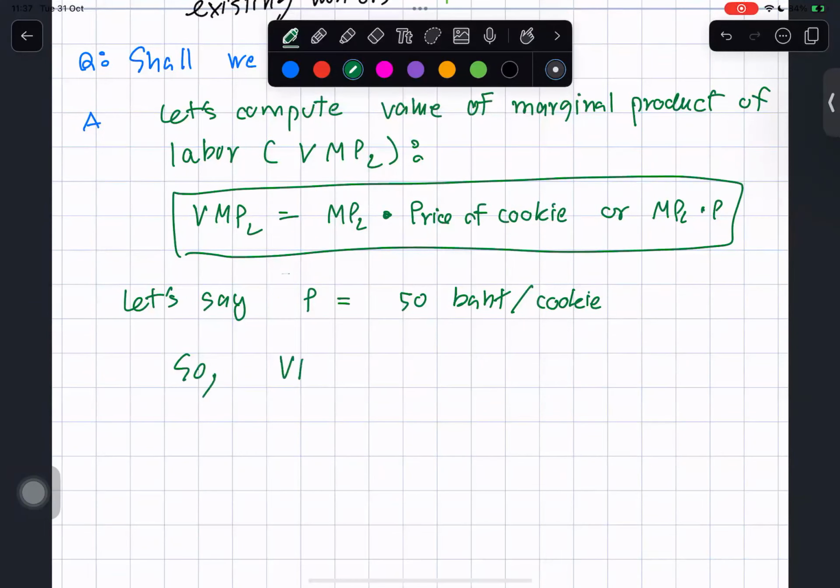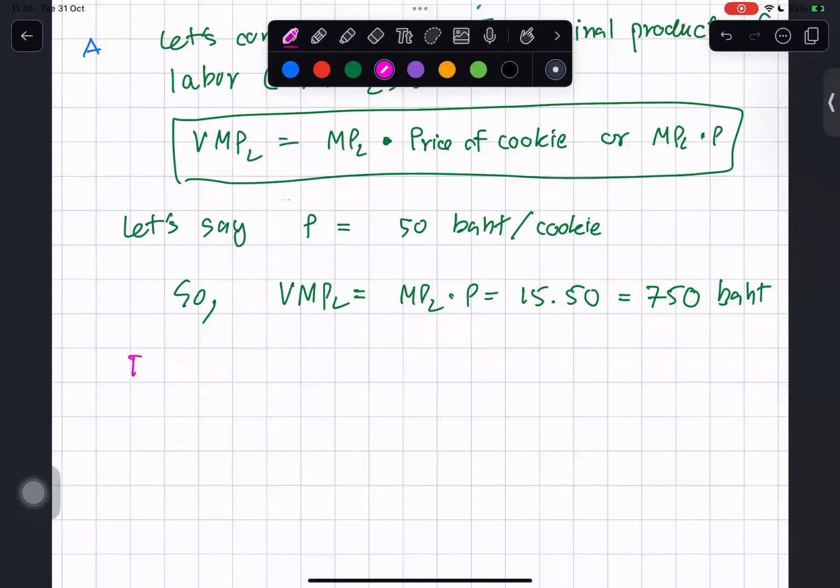So then the value of marginal product that introducing the fourth guy working with the first three, when we sell this amount extra output into the market, we get 750 as value of marginal product.